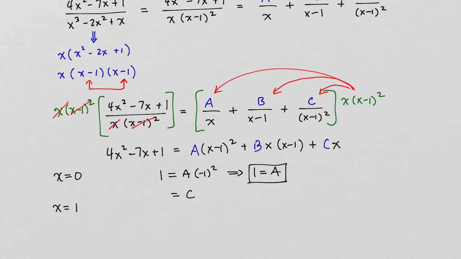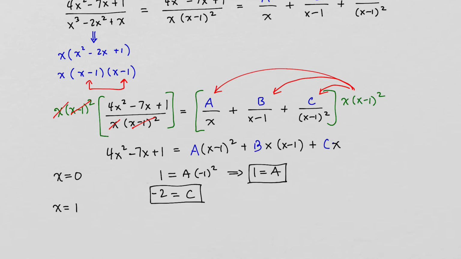So on the right-hand side, we just get c. And on the left-hand side, we have to plug x equals 1 into here. When you plug in 1 here, you get 4 times 1 squared, which is 4, plus 1 is 5, minus 7 times 1 is 5 minus 7, which is negative 2. So we get c equals -2.